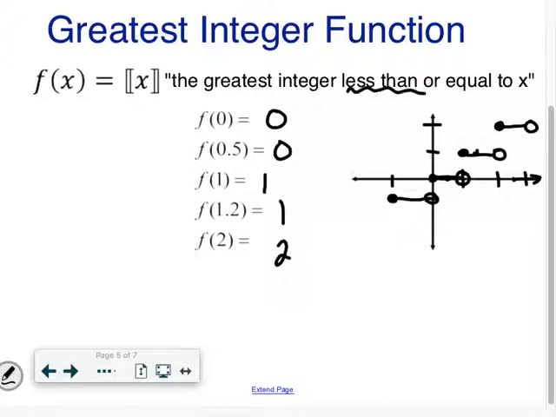So if you're thinking about f of negative 0.5, what's the greatest integer that's less than or equal to negative 0.5? It's not negative 0.5 because that's not an integer. And the integer that's less than negative 0.5 is negative 1. So when you're at negative 0.5, you're down at negative 1.